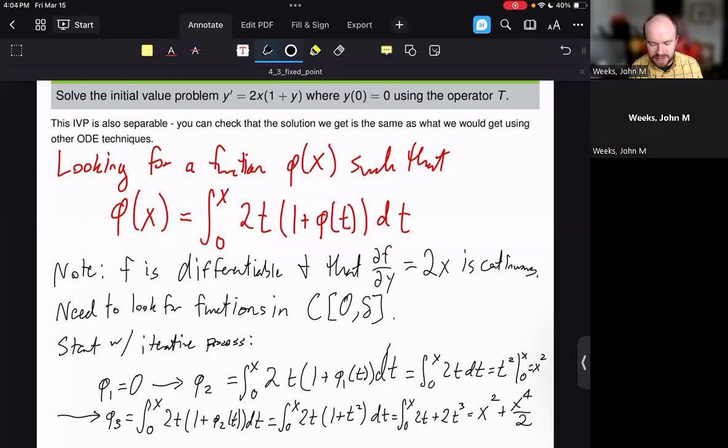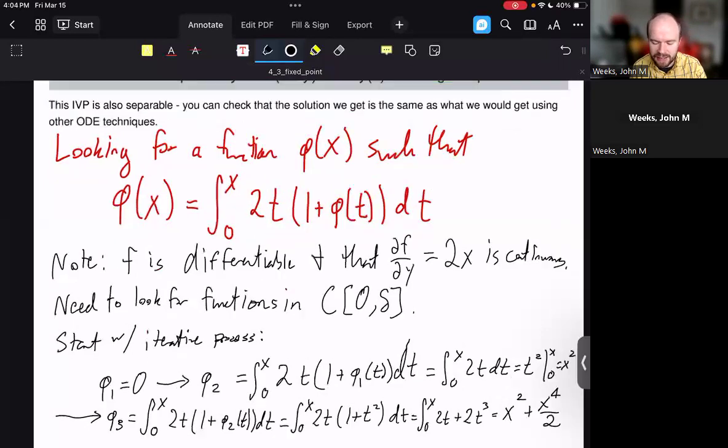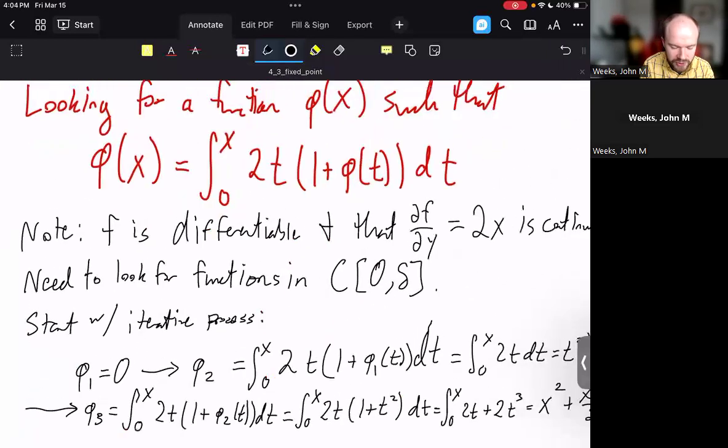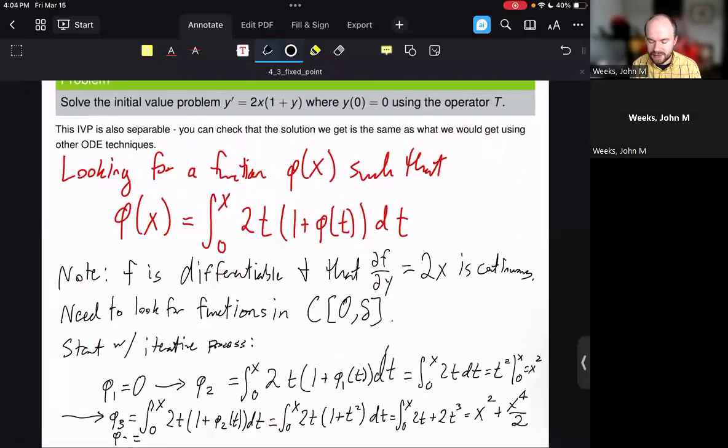And if I continue this process all the way down, you'll see that I start getting an iterative sum that comes from this. Phi sub 5, for example, after plugging in from these individual functions, is going to be equal to x squared plus x to the 4th over 2, plus you're going to get x to the 6th over 6 when I go through and integrate this.